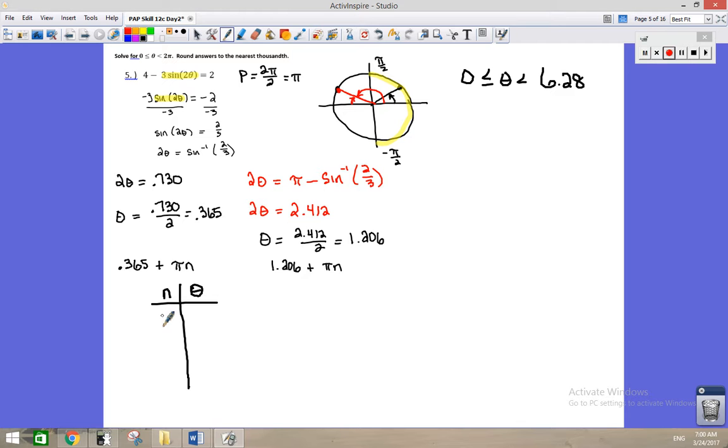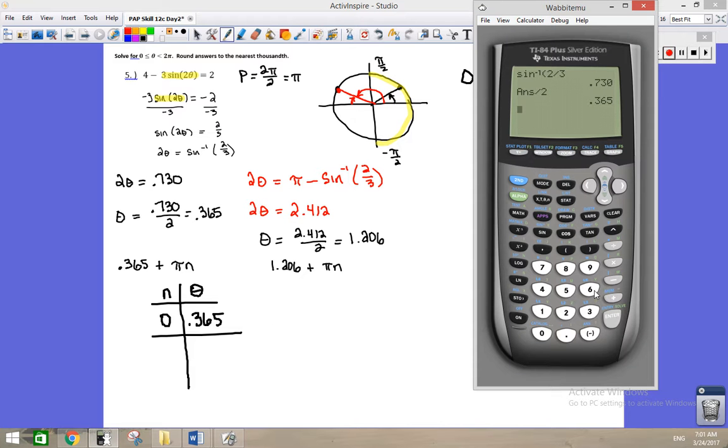If n is 0, this 0.365 is bigger than 0. If I add pi to this, then when n is 1, I've got 3.506.